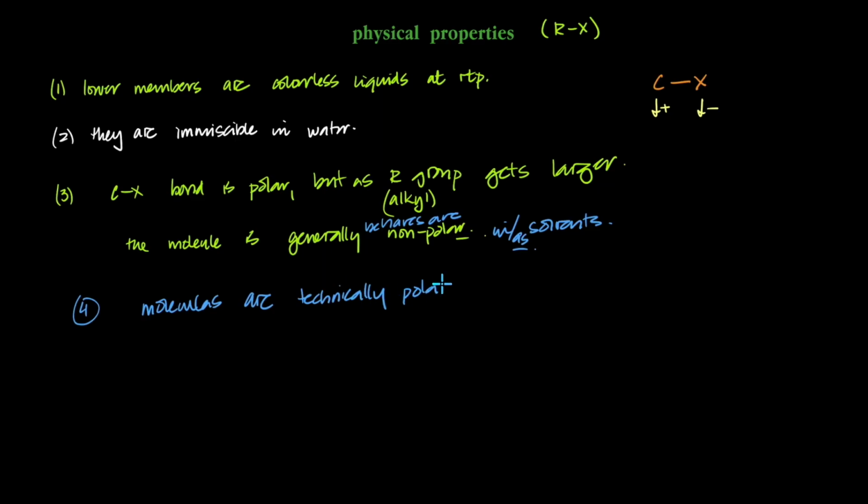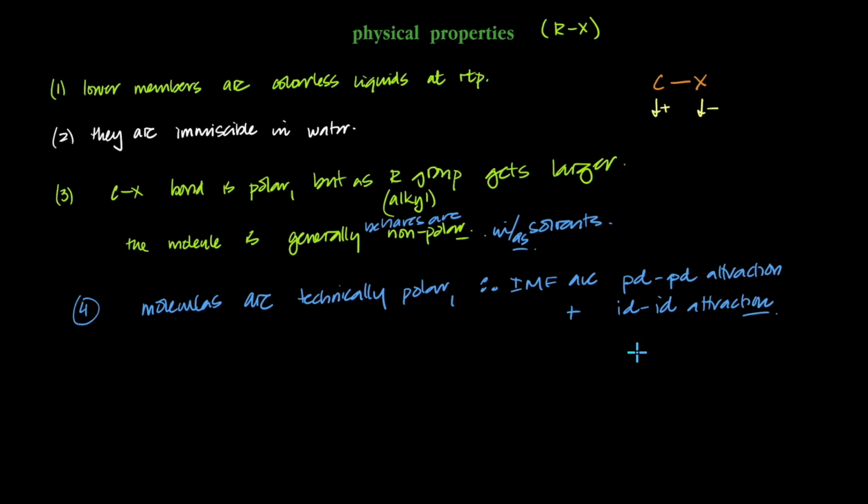Now what does that mean? The intermolecular forces are permanent dipole attraction, plus instantaneous dipole induced dipole attraction. Both exist, which is why they have a higher boiling point than alkanes do.